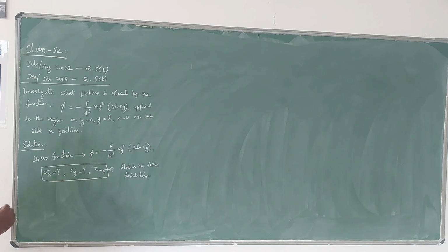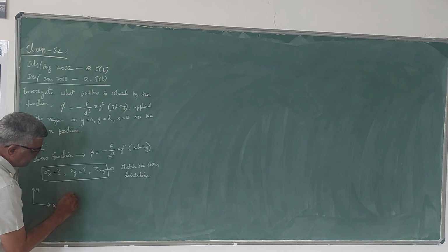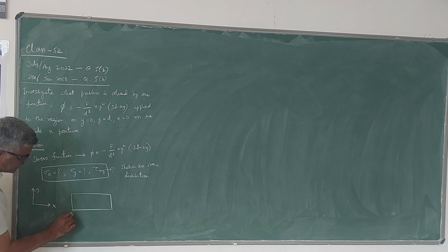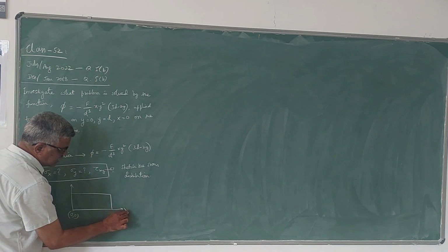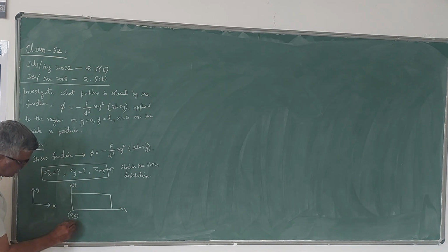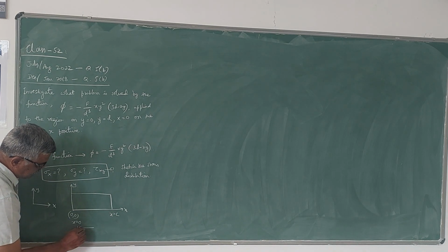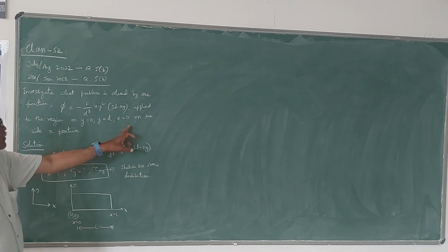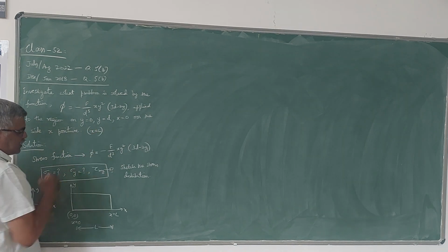If you take the x axis like this and the y axis like this, and take an element, suppose this is the origin 0, 0, this will be your y axis, this will be your x axis. So x is 0 here, x is equal to L here. X positive means this side we are taking.